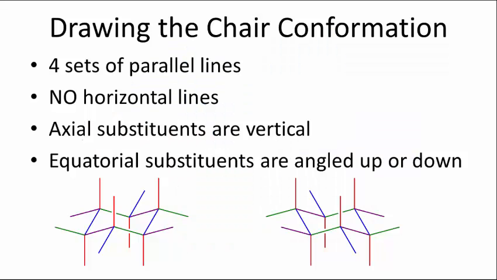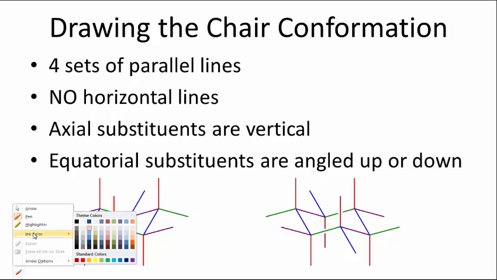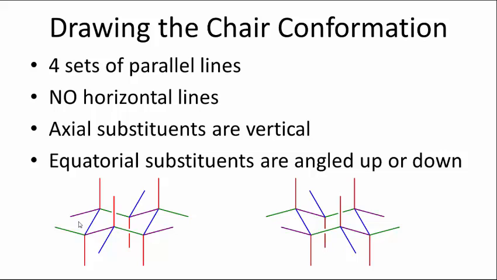When we draw it, these are strict conventions for how to draw these structures. Every chair structure should be made of 4 sets of parallel lines. The actual ring itself is only 3 sets of parallel lines. But then when you add in the substituents, you get the 4th set, which are the ones that go straight up and down.